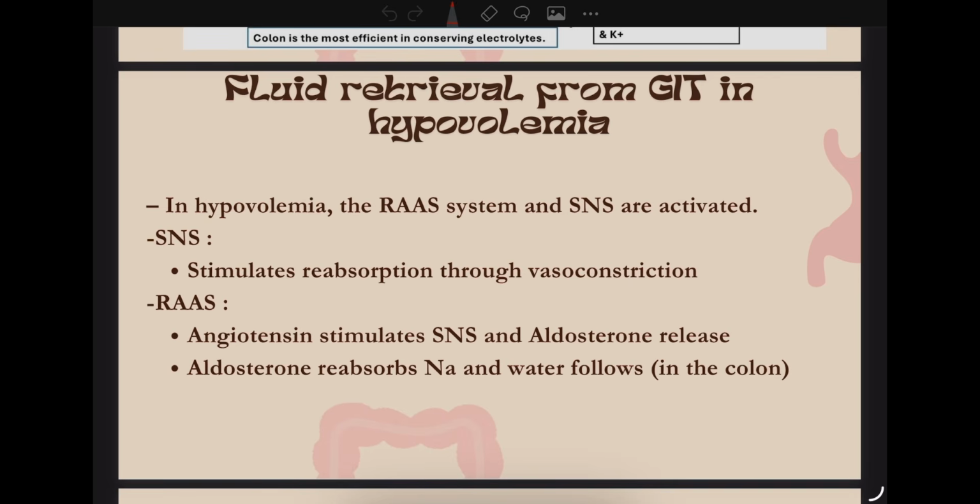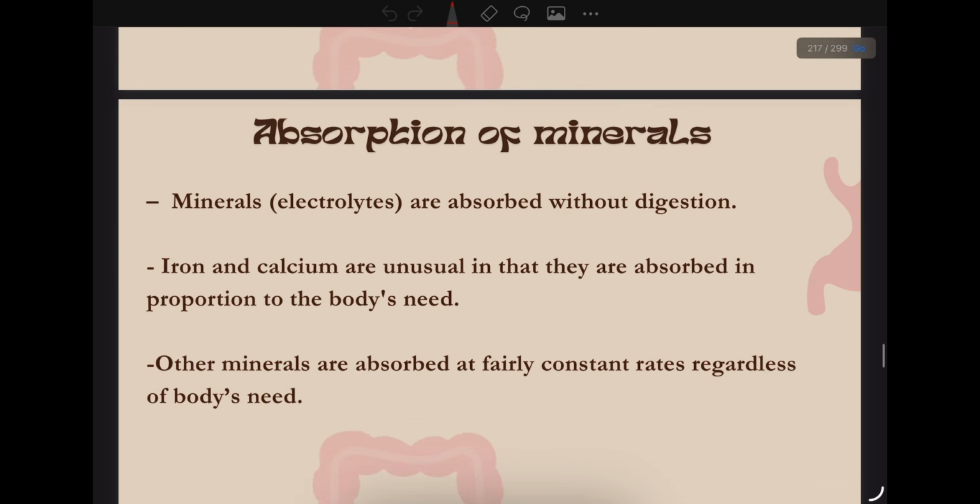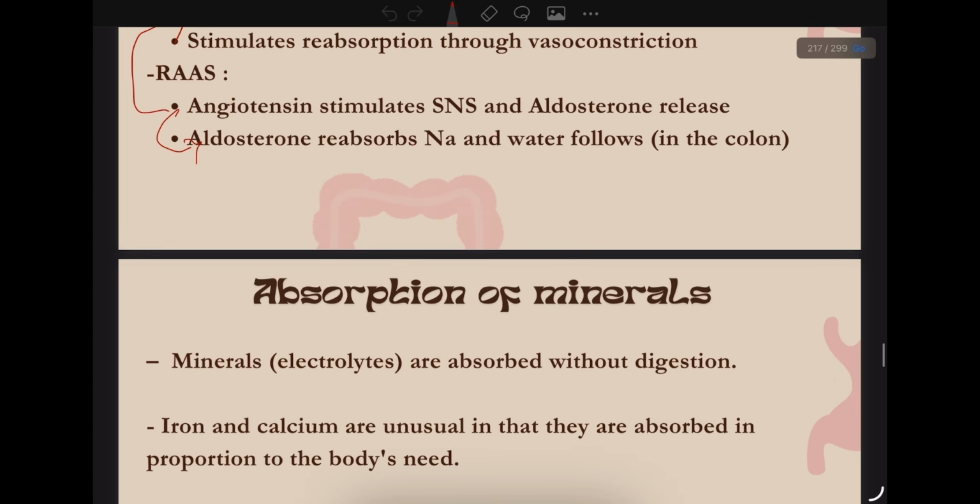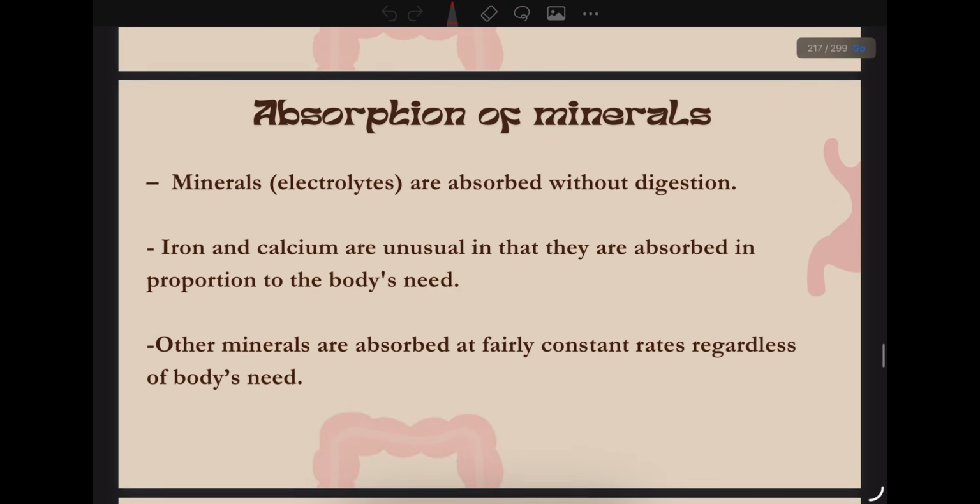So this goes to this again. And it also gives us aldosterone. What does aldosterone do? Reabsorbs sodium, and who follows sodium? Water. And that also, of course, happens in the colon, as we just discussed before.